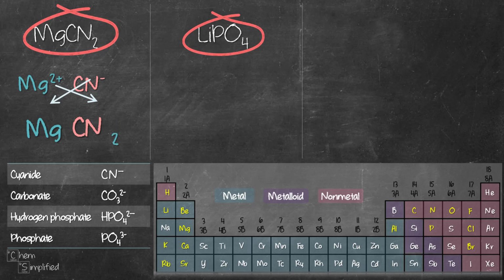So now we have MgCN2. But because the 2 is actually referring to the entire CN, we need a bracket. So the correct formula has the bracket, whereas the incorrect formula doesn't. When you write MgCN2, that 2 is only referring to nitrogen, whereas in reality, that 2 should refer to the entire group of cyanide, which is CN. So that's why the bracket is needed.